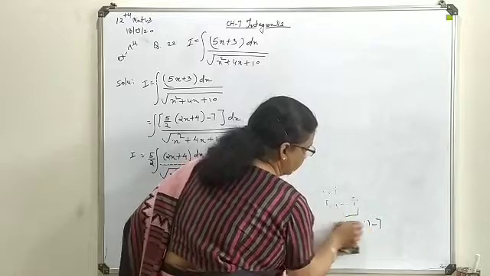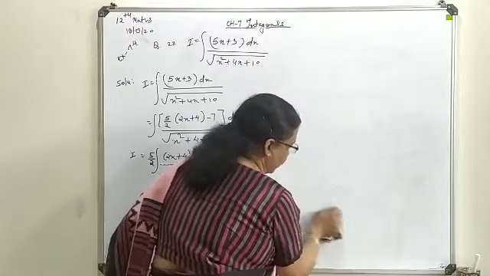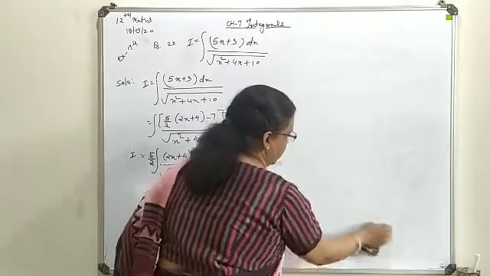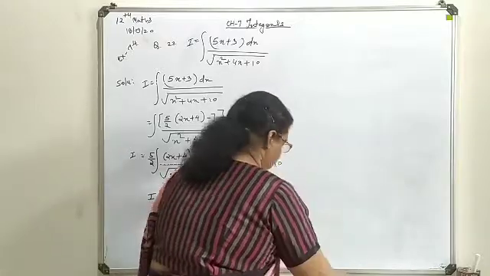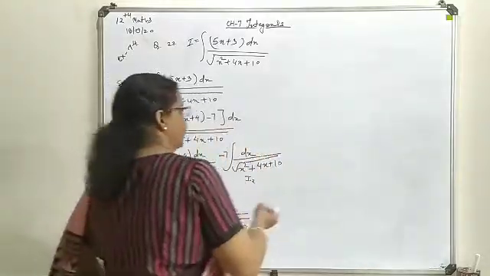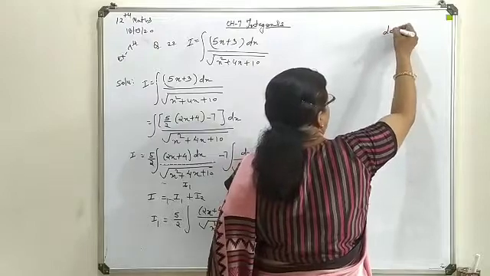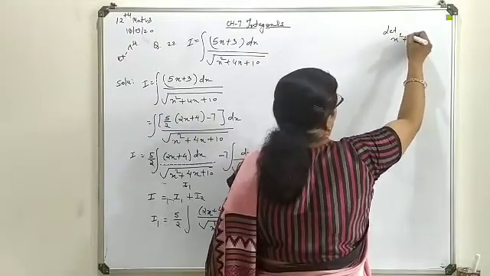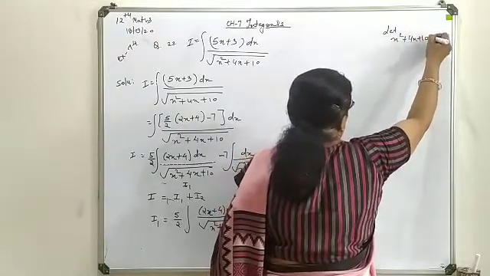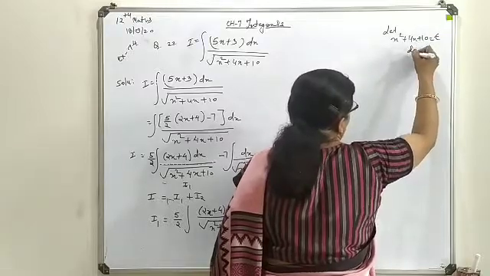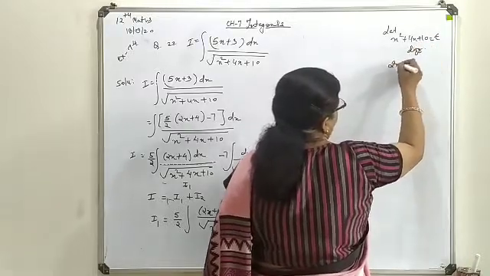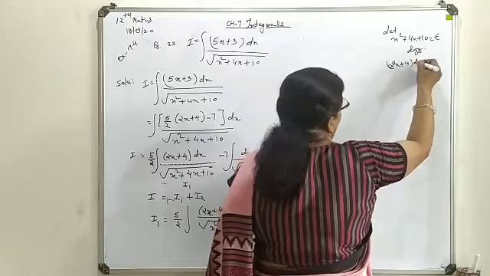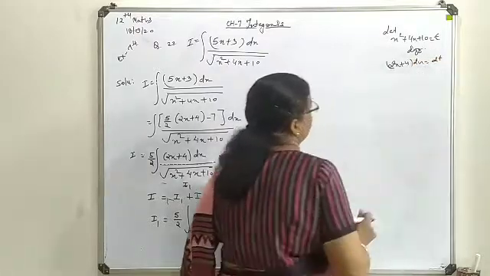Now let's discuss the solution of the first part. Already this type of combination we have discussed. So for this one, let x square plus 4x plus 10 be t, and differentiate it. So 2x plus 4 dx you will develop as dt.